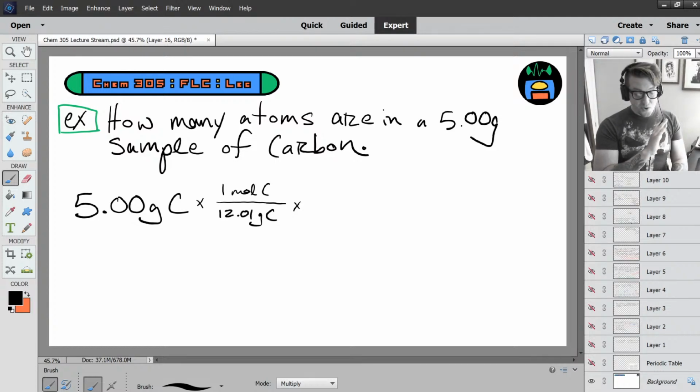Okay. So how many atoms are in a 5-gram sample of carbon? We can use the atomic mass to convert from grams of carbon to moles.